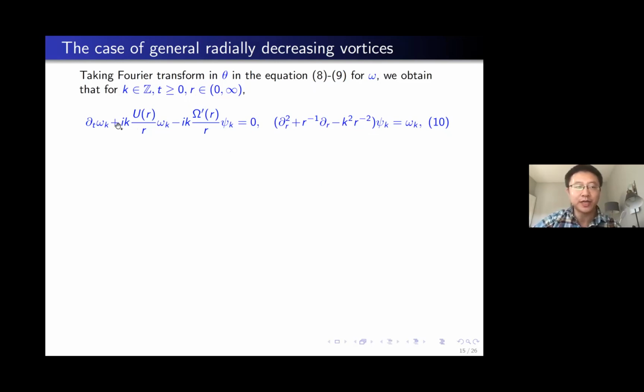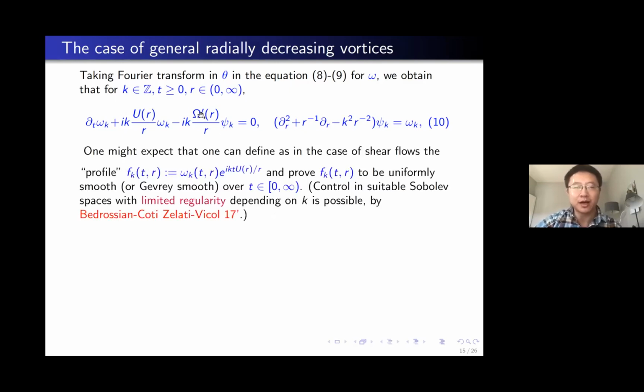We have partial_t omega_k plus ik (U_r/r) omega_k minus ik (omega'/r) psi_k equal to 0. Again, U_r e_theta is the velocity field, and omega(r) is the background vorticity field. We assume that omega(r) is decreasing, so omega' is less than or equal to 0, strictly unless r equals 0.